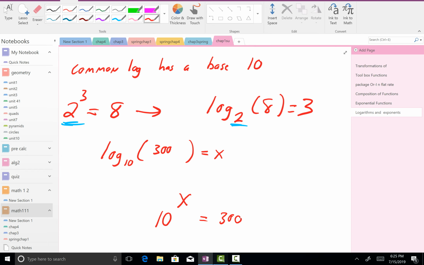It's almost there, all right? That's how you do that in Desmos, finding logs, okay? It's the best way to do it, all right? You can use a calculator if you want to, but Desmos works pretty well.